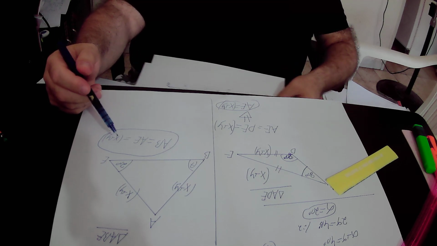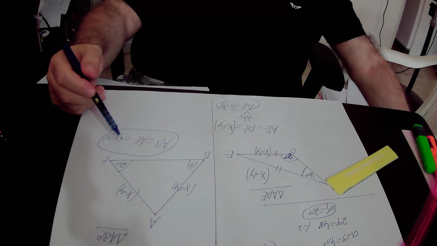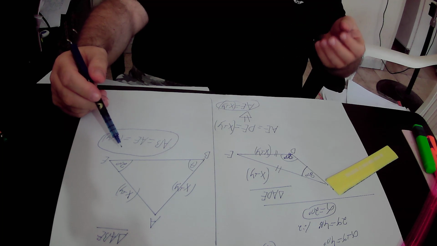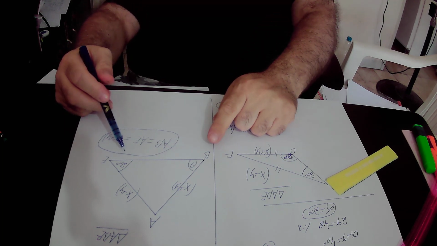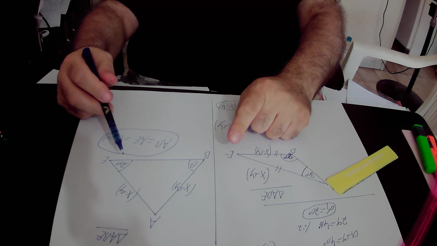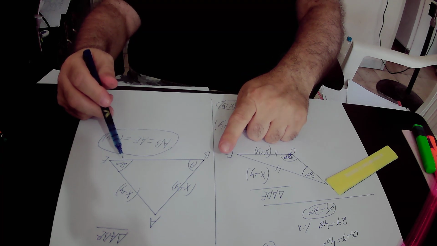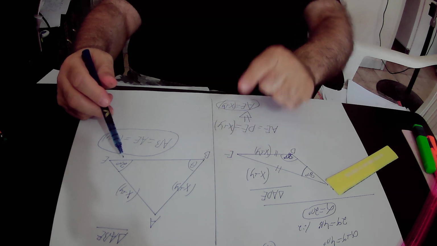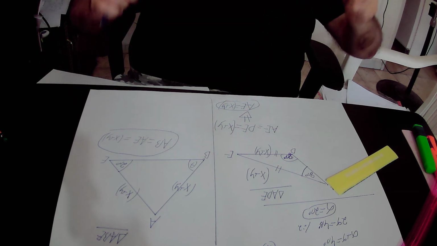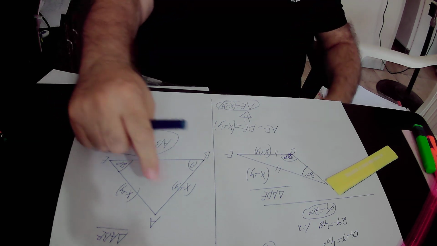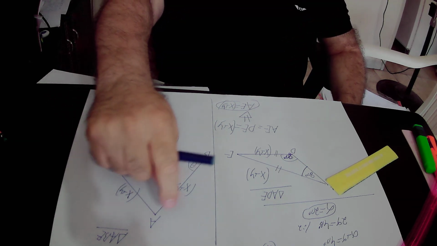And according to the rule that I mentioned before, that in front of equal sides in the triangle, there are equal angles. Repeat again. In front of equal sides in the triangle, there are equal angles. So here we know that side AE equals side AB.